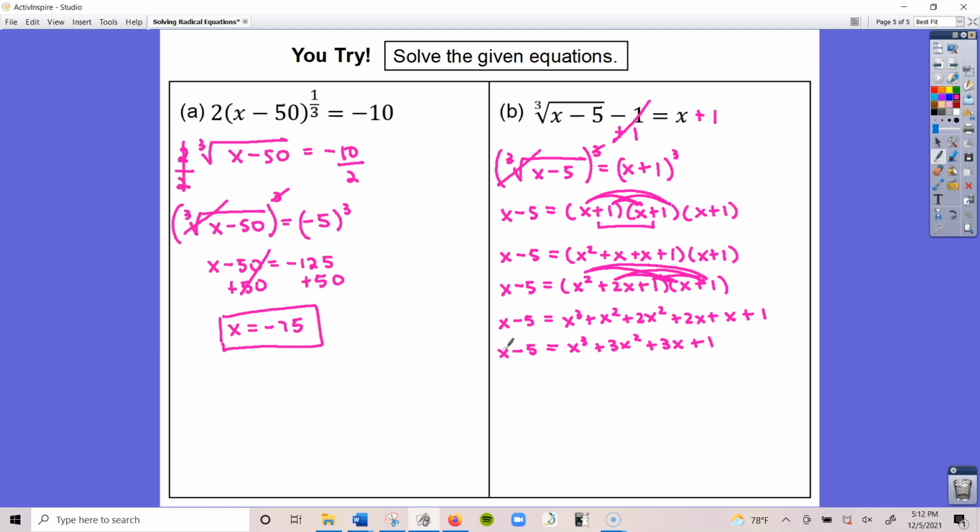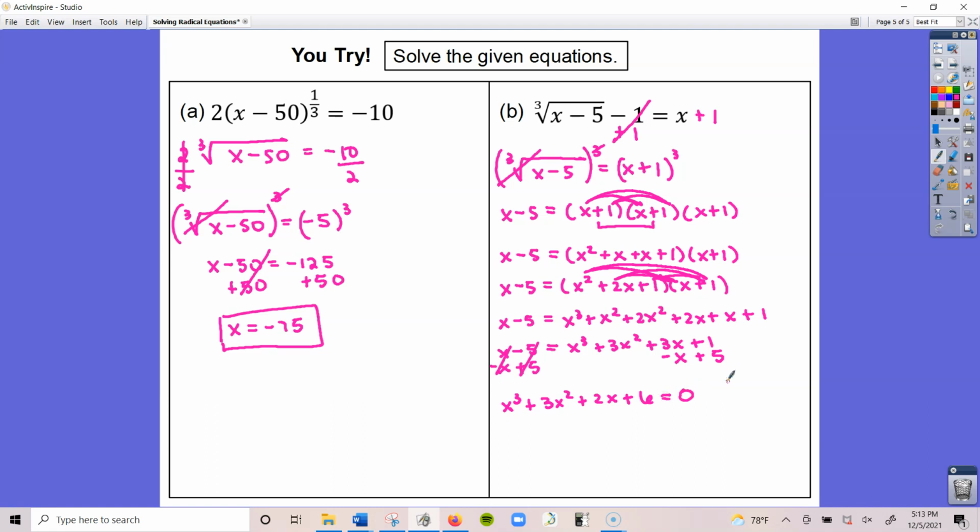So I'm going to subtract the x and add the 5 over to this side of the equation. So here's the minus x, which I will subtract here. And I'm going to add the 5, which I have to add to this one here. So now there's nothing left on this side. And on the right side, I have x to the third plus 3x squared plus 2x plus 6 is equal to 0.